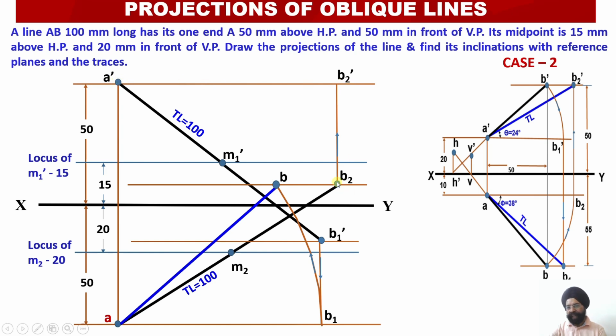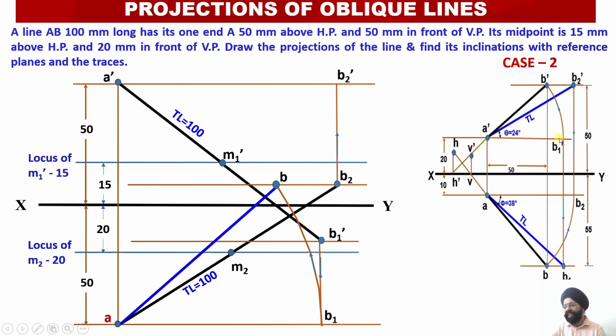Please see, I drop a perpendicular from the second point of the plan, that is the true length of the plan, to the first point locus line of the elevation. Why? Because only then my elevation apparent length will become parallel to the horizontal plane.